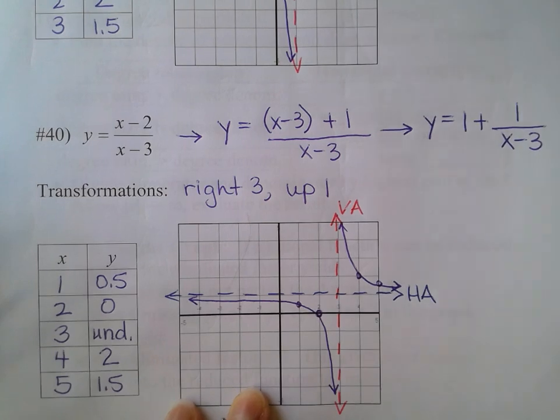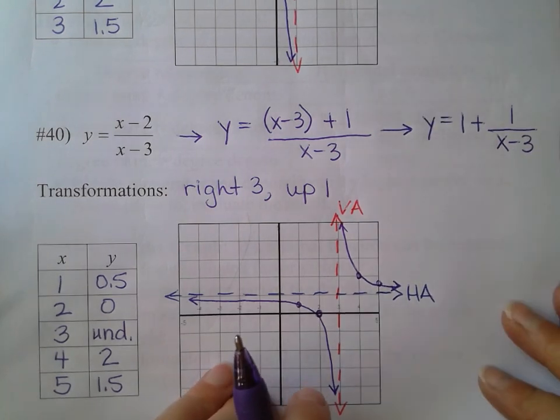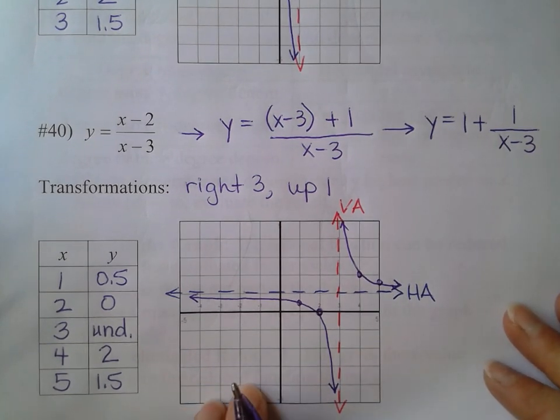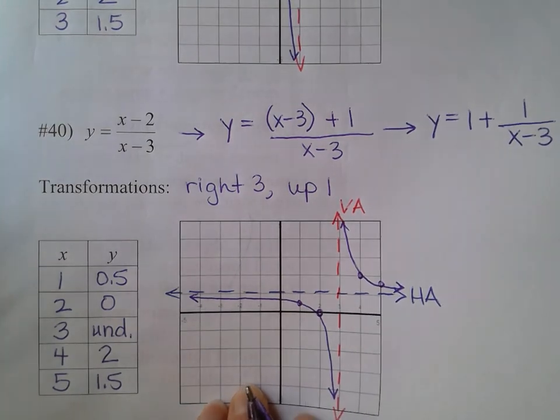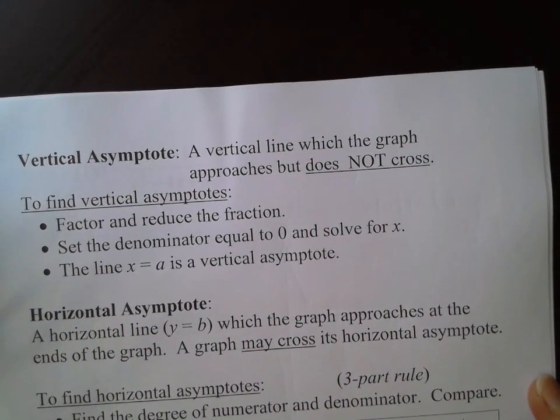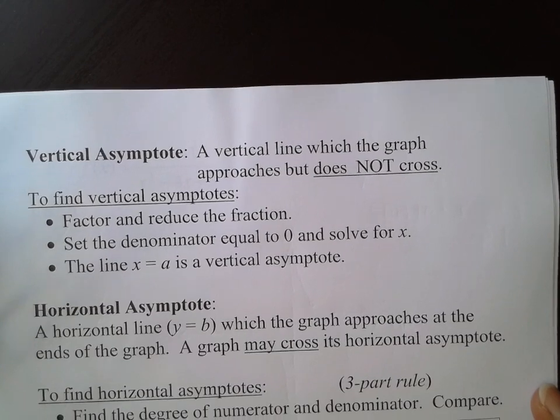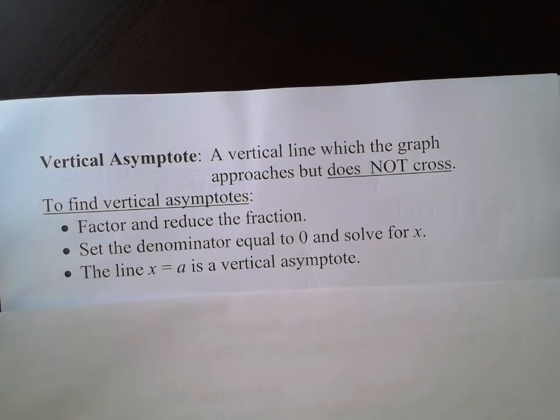Okay, so this is one way, by using transformations, we can graph rational functions. Now let's talk a little bit about what the asymptotes are and how we find them. Let's do them one at a time.